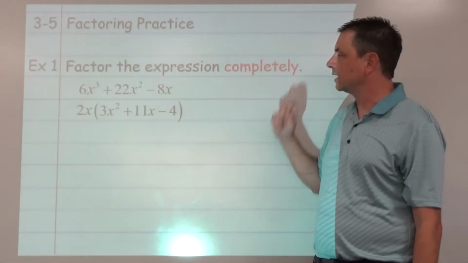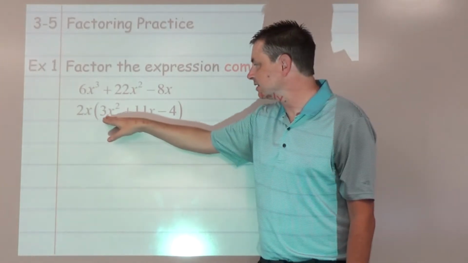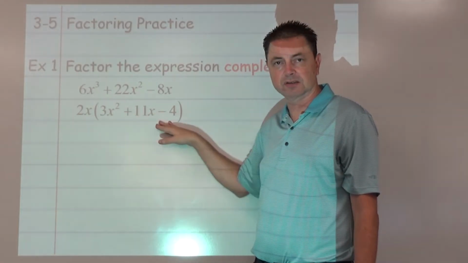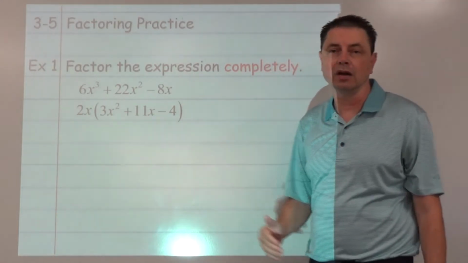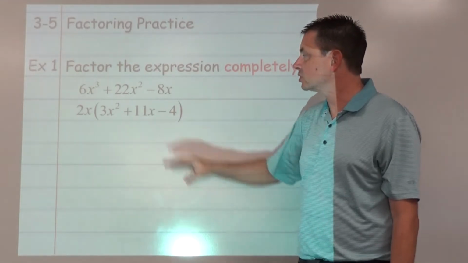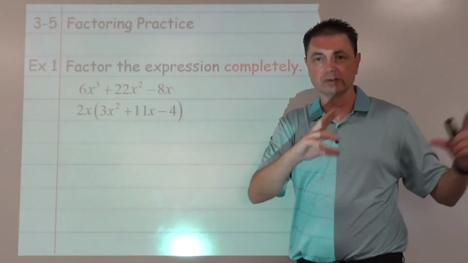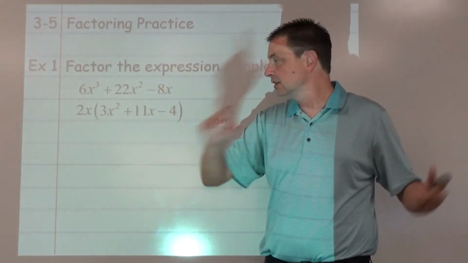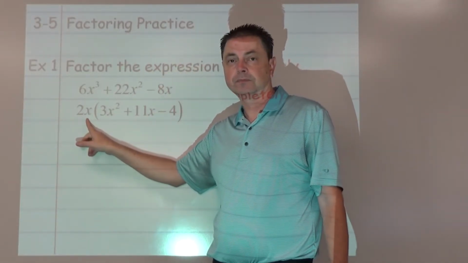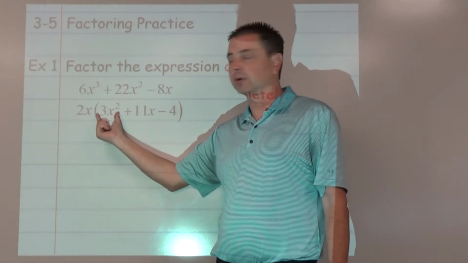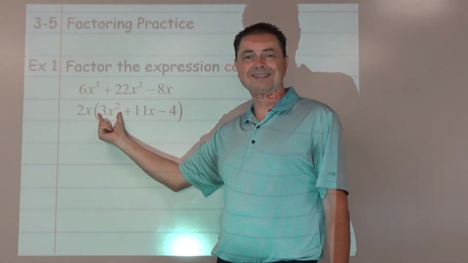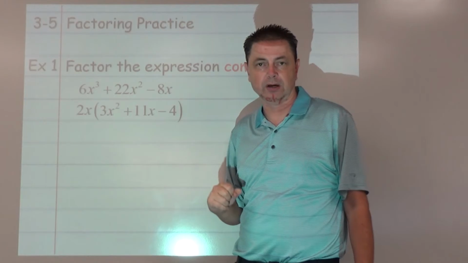It says factor completely, so we have to investigate whether we can factor this. We've already taken care of GCF, so we're now going to factor this into a product of two binomials. Set up the parentheses. Keep the 2x. In the fronts of our parentheses, what times what makes 3x squared?